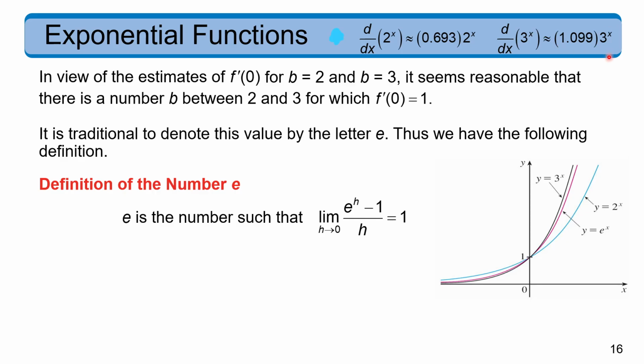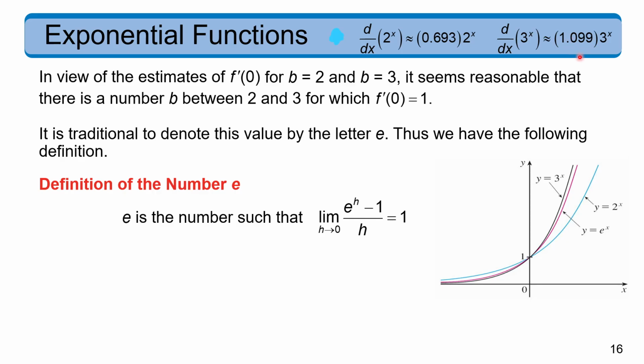The simplest case would be if that constant were just 1, because then you would have the derivative of your exponential function equals the same thing as the original exponential function. And notice that for the two cases we looked at, the constant for 2 to the x is less than 1, and for 3 to the x, the constant is greater than 1.